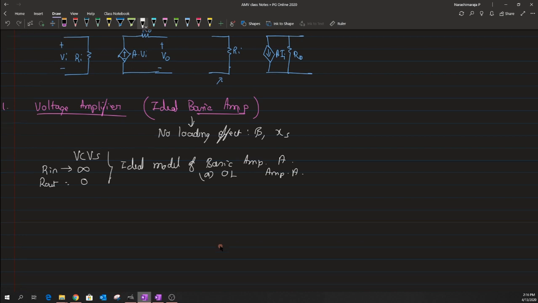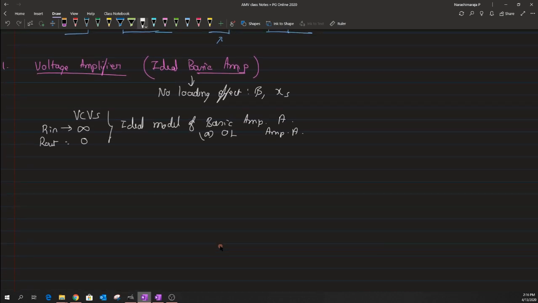And since the input signal source is a voltage source, one could model this voltage source in terms of Thevenin's equivalent circuit.